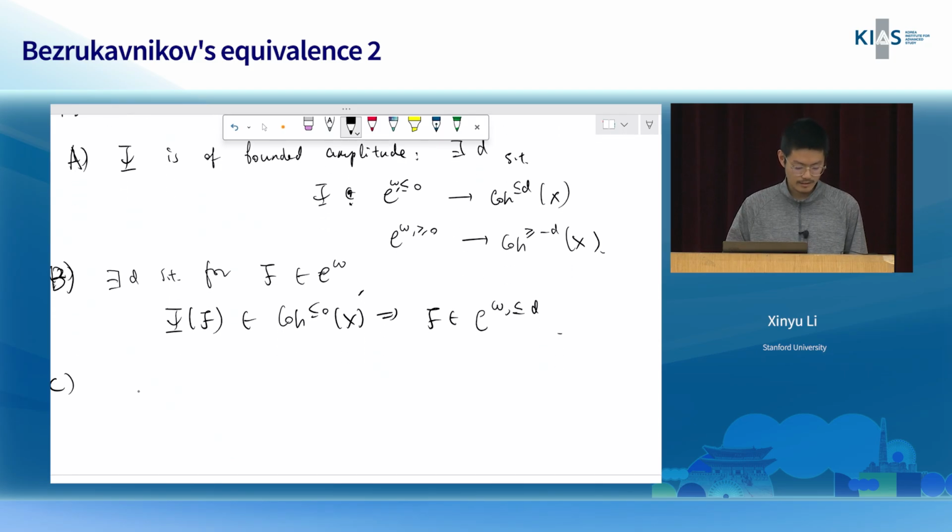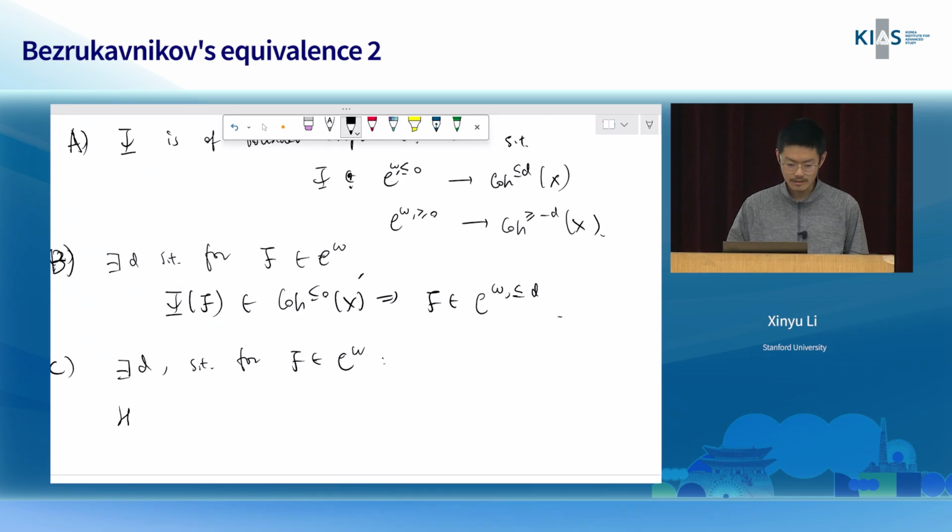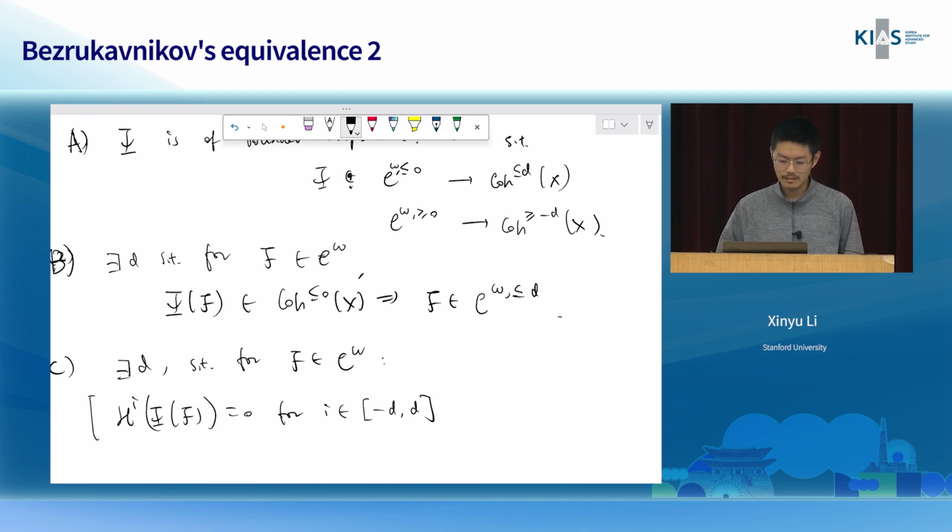And the property C is that there exists D such that for F a compact object in C, you have the following implication. If the cohomology of Psi F is 0 when i lies in this range, this implies that the zeroth cohomology of F with respect to this t-structure on C^omega is 0.